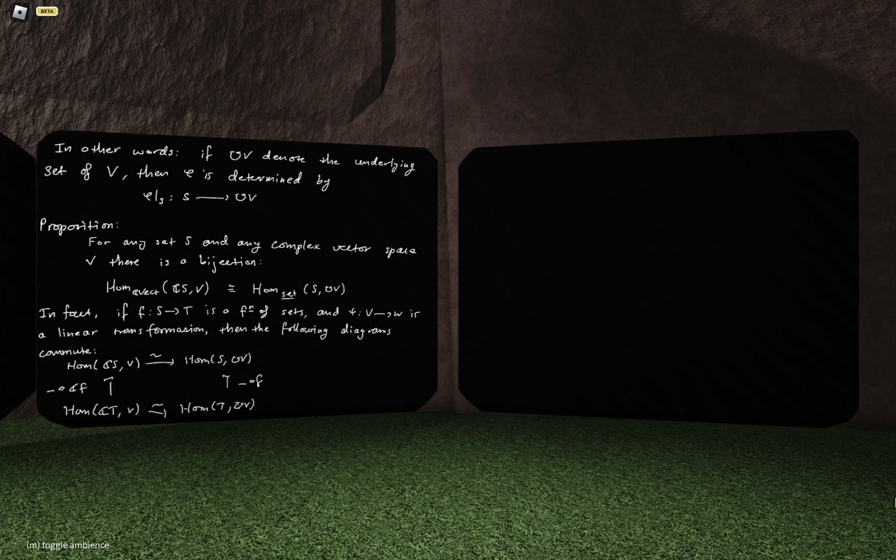And then we also have naturality in the other argument. So Hom CS V, Hom S UV. These are covariant functors, so this goes down. Then U W, Hom CS W. And this is post-composition.